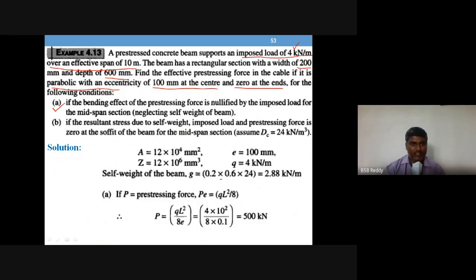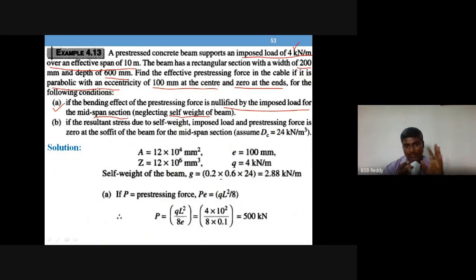First question, if the bending effect of the pre-stressing force is nullified by the imposed load for the midspan section, neglecting self weight of the beam. If only the pre-stressing force is balancing the imposed load only, what will be the P value?